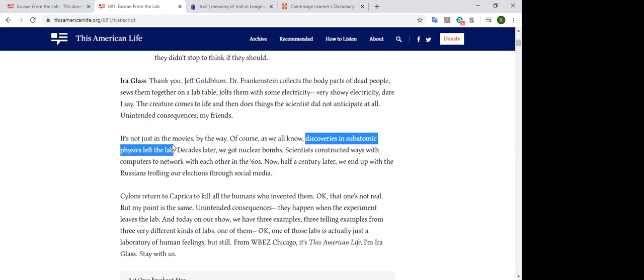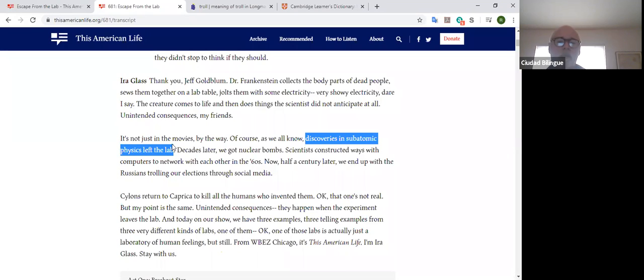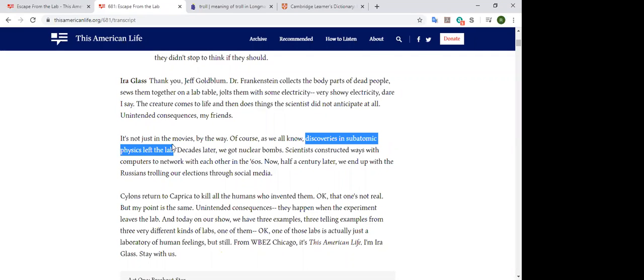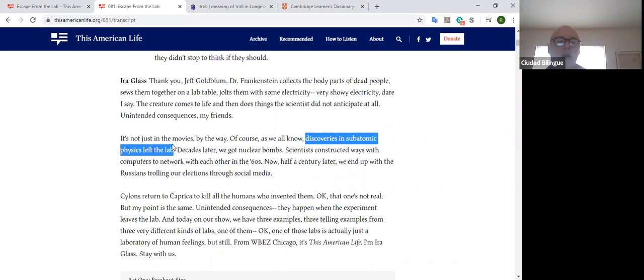Now, Valentina, ask about the subject. Who left? No, these are not people. Discoveries are not people. What left in subatomic physics? No. The subject is discoveries in subatomic physics. That's the subject. The verb is left.